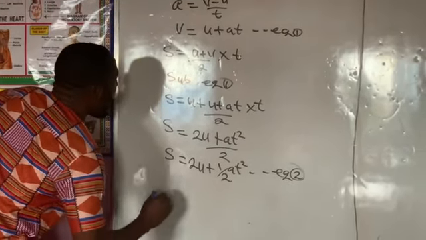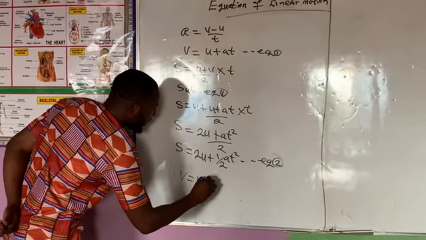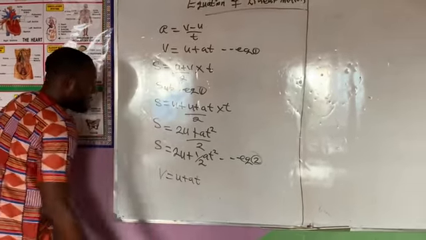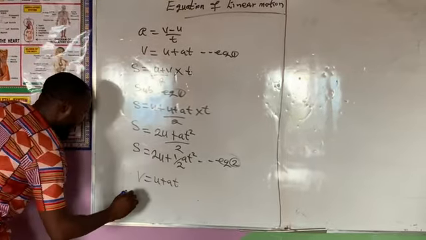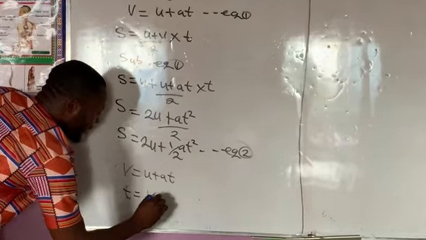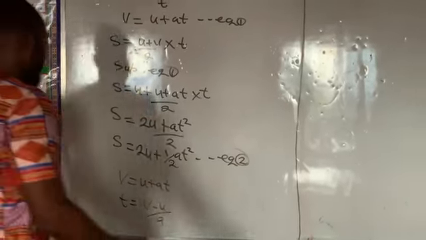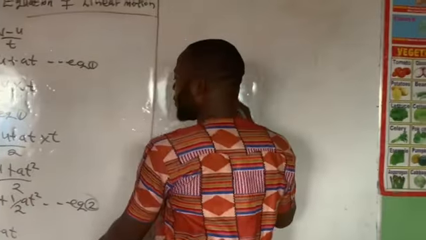Recall from equation 1 that v is equal to u plus at. Making t the subject of the formula, I have that t is equal to v minus u all over a. Substitute.